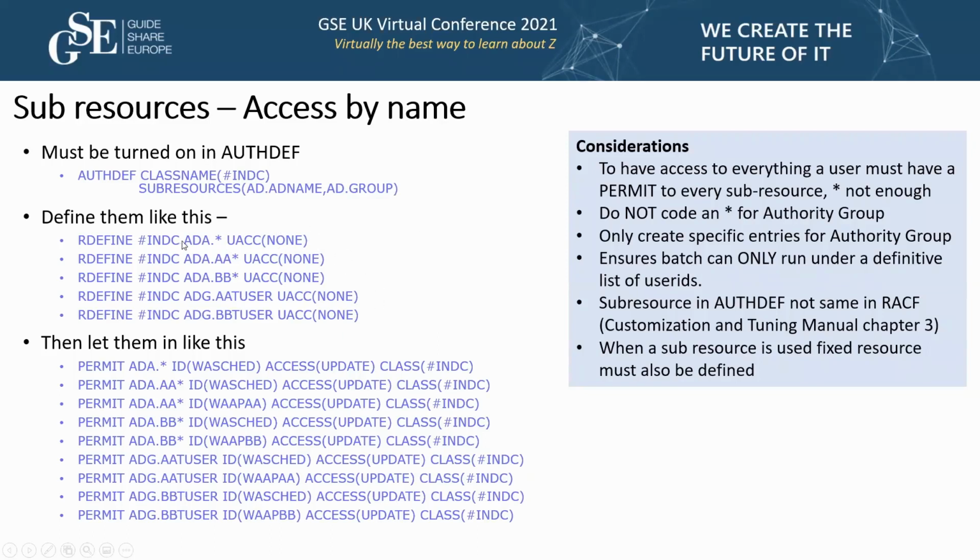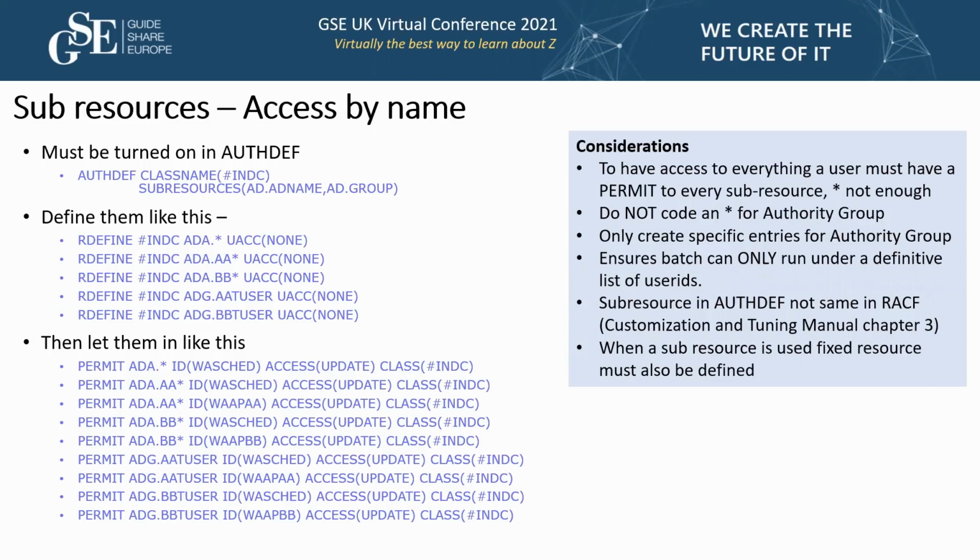You might say, okay, for name, we're going to give a high level access to anything, and we're going to give some more low level ones to say access by any that begin with AA and access anything that begins with BB. For authority group, I advise a slightly different method of using this. I would say never use a generic rule for authority group, so that the only authority groups you give people access to are fully named, fully fledged, clearly defined things.